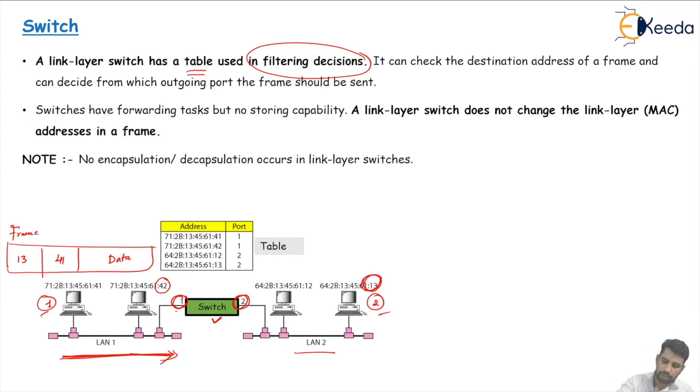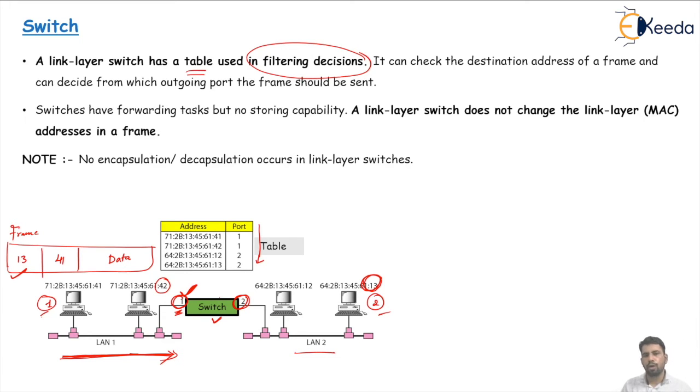The message reaches the switch at port number 1. The switch will see its lookup table. It checks the destination address of the frame and decides from which outgoing port the frame should be sent. Here the destination address is 13, so check the table from first to last.